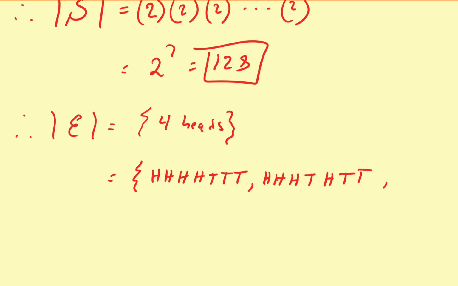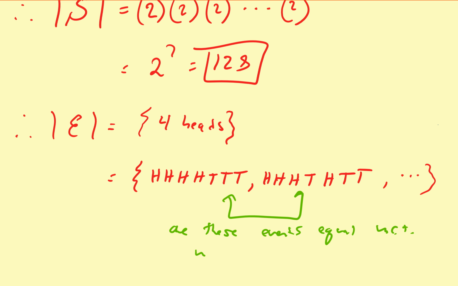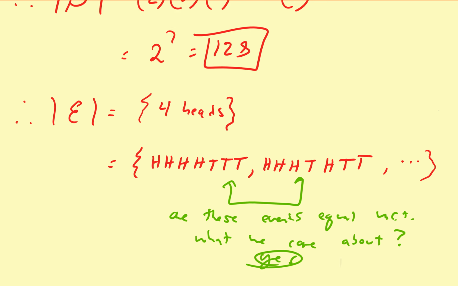So those are 2 possible events, and there are several more. So my question to you is this: are these events equal with respect to what we care about? The answer is yes, they are both what we care about because they're both in this event space.